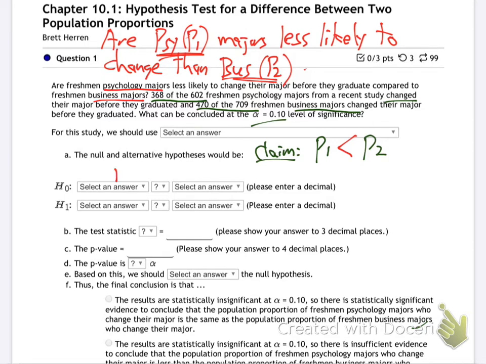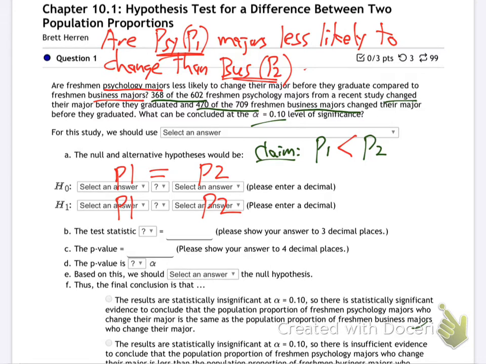So what do you think the H0 is going to be? There's going to be p1 here, and p2 there. What do you think the H0 is going to be in the middle? What is H0 always? That will never stop. That will always be the case. So H0 still equals, it always will be. It's on tonight's exam, it'll be on the fourth exam, it'll be on the final exam.